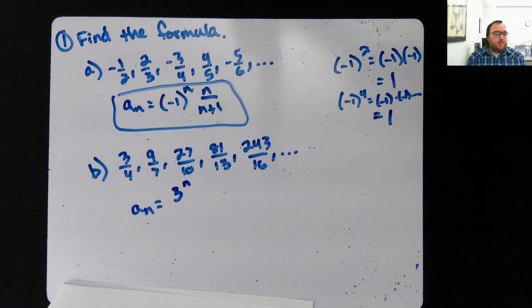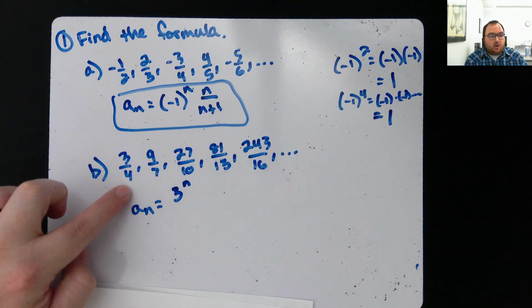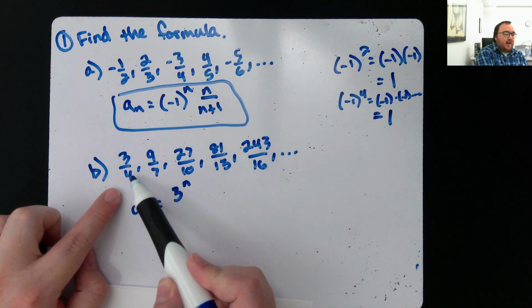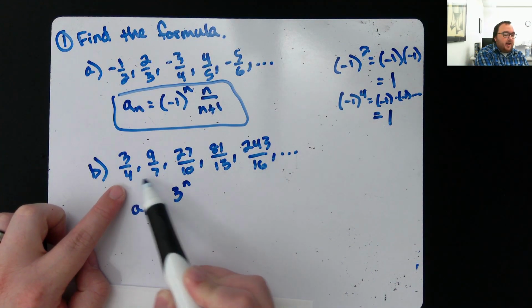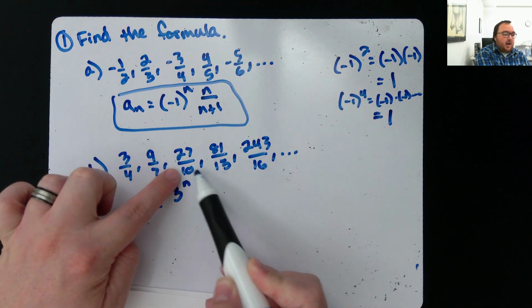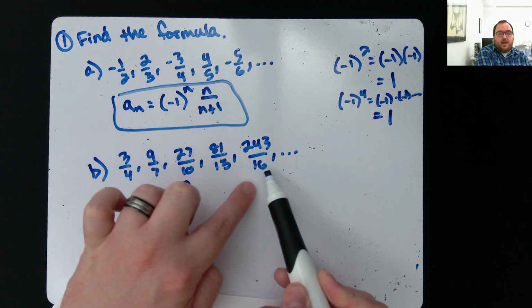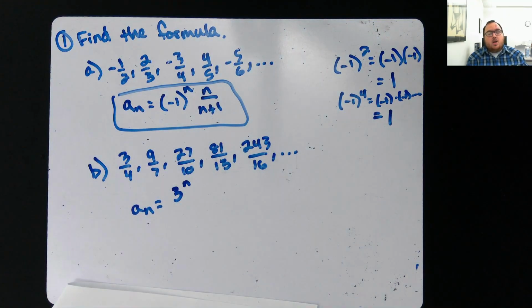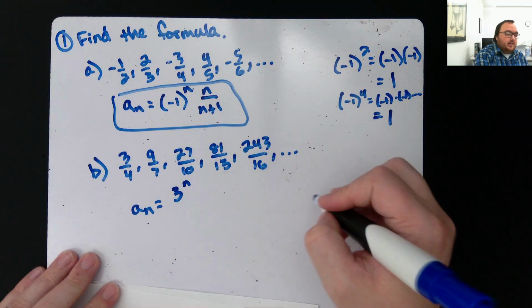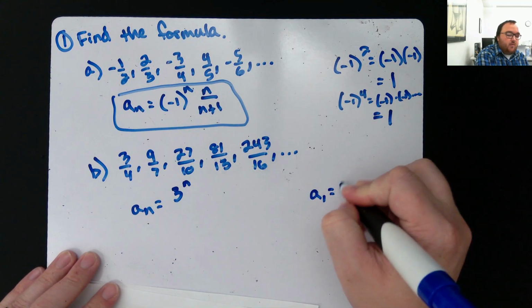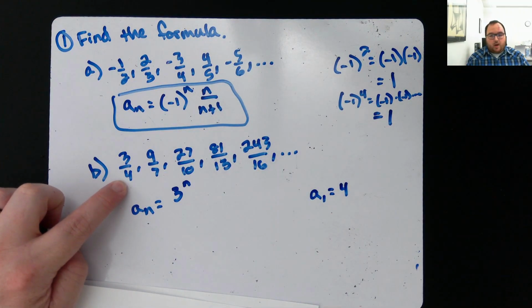Now the denominator is going to take a little bit more thought because it doesn't really follow that same pattern, right? But what do we see here though? For each term, I'm adding 3, right? I'm adding 3, I'm adding 3, I'm adding 3, and it would keep going on and on. So let's see what I can do there. So what I know is that A1 is just equal to 4 because it says 4, right?